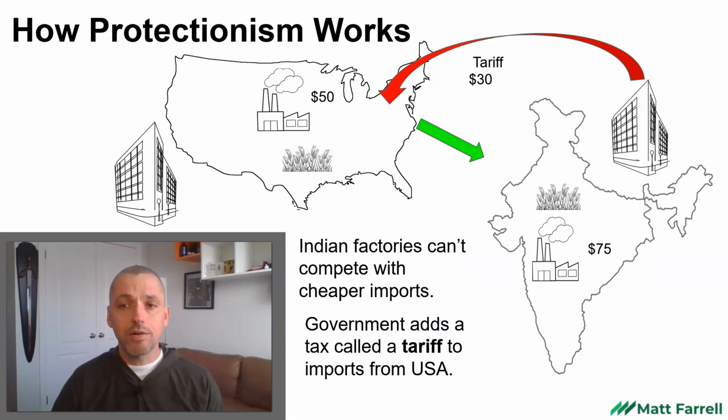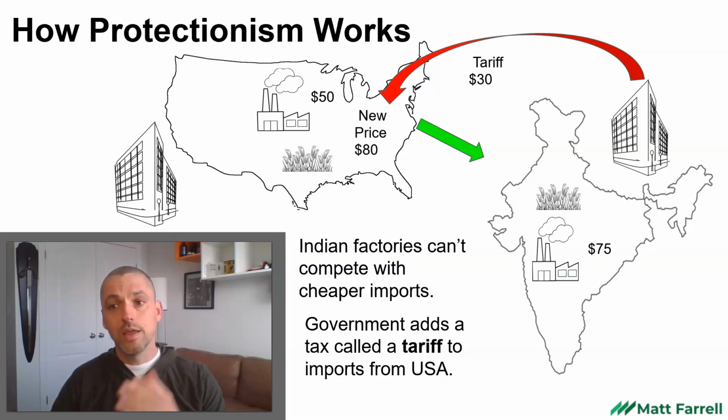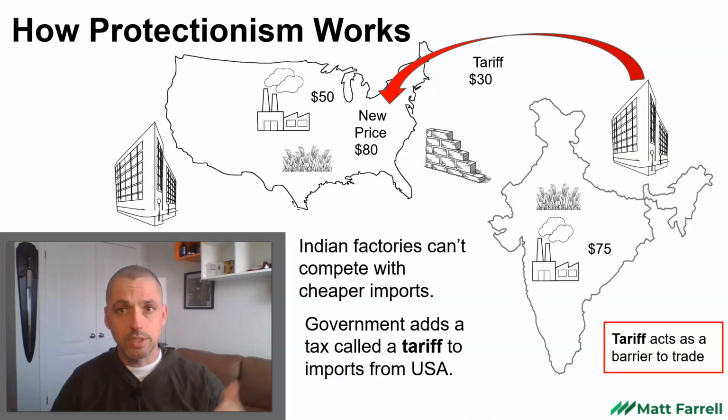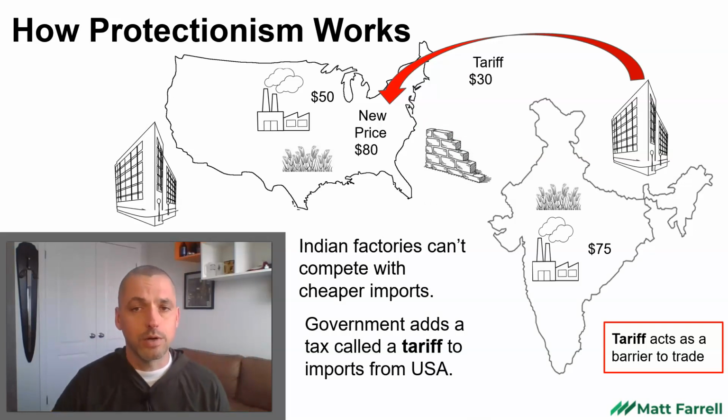So if a tariff of $30 was applied to every single unit coming in from the United States, that new price would be $80, which would be more expensive than the domestically produced ones. That makes the domestic ones more attractive and acts as a barrier to trade that is keeping out the American imports. The tariff is acting as a barrier to trade.